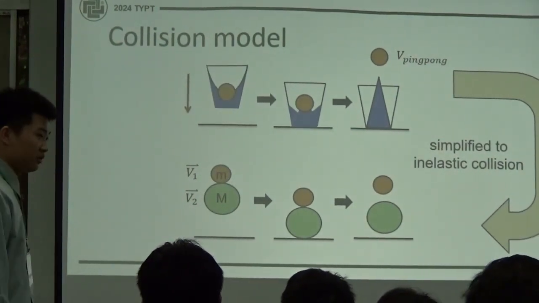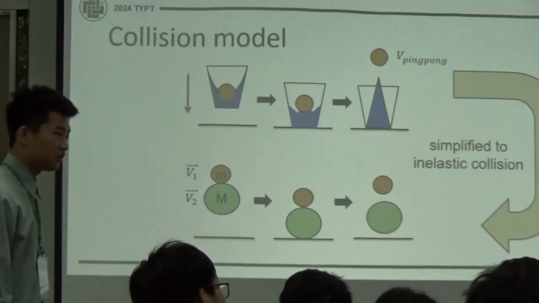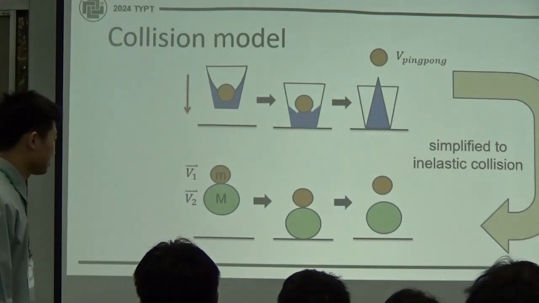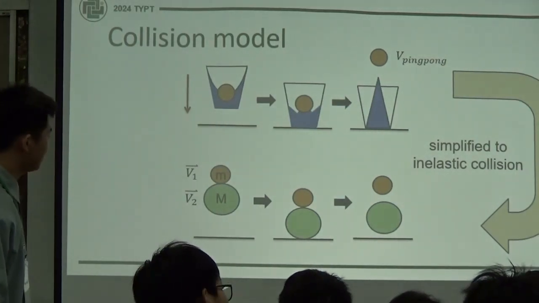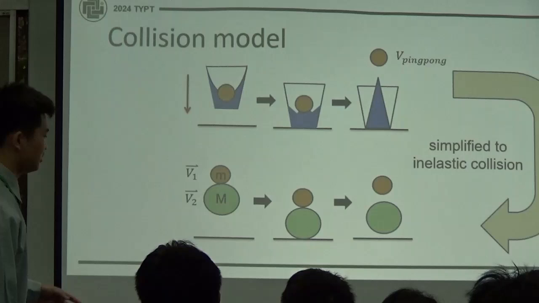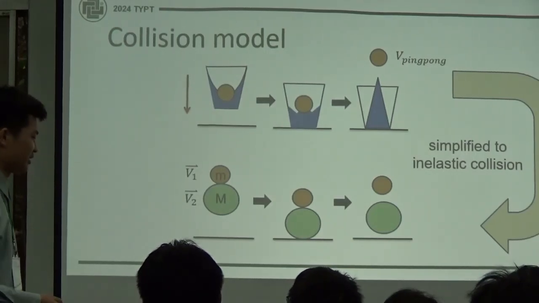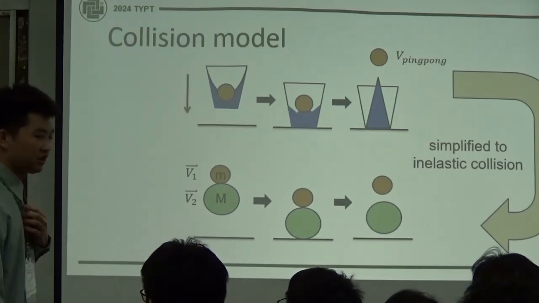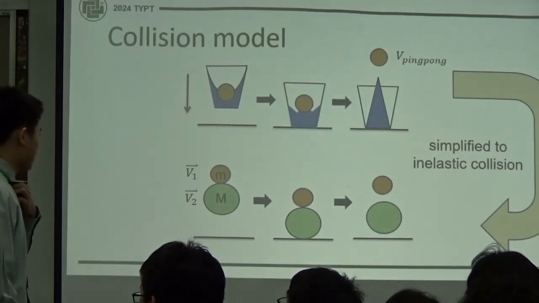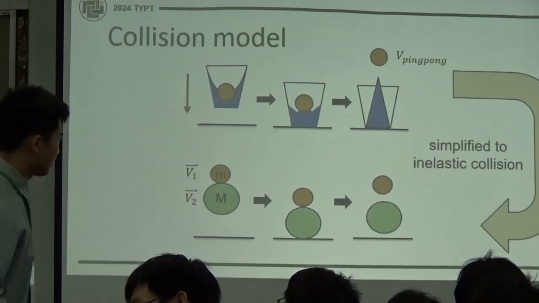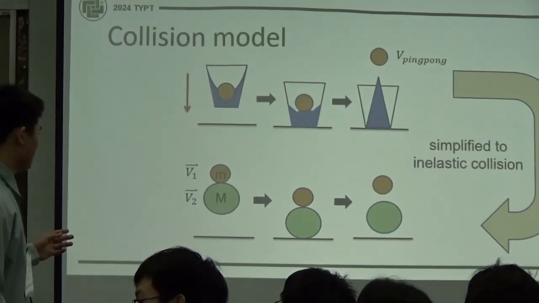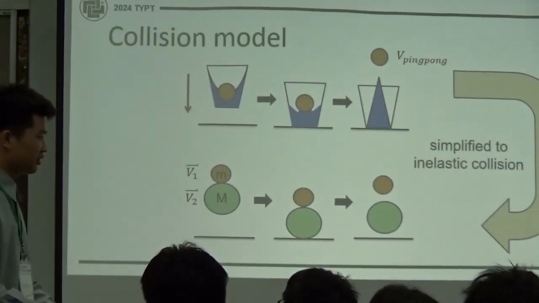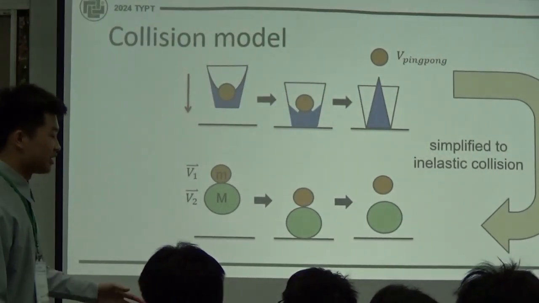The ping pong ball is being ejected, but some water also. Yes. So that M is not a constant. It cannot be constant in my model, but to get close to the reality, I transfer the capital M to the effective mass.